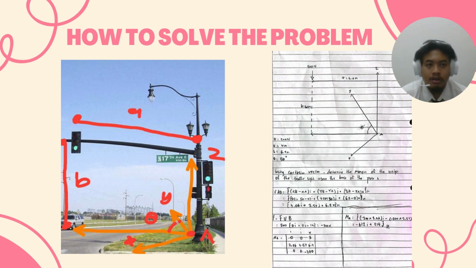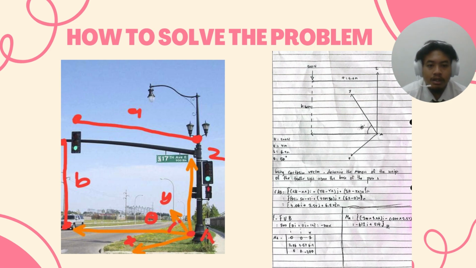After that, we are going to find the force, which is F equal to force times magnitude. So the force is 200 and the magnitude is 0i plus 0j minus 1k. After solving this, we will get the force as minus 200k.